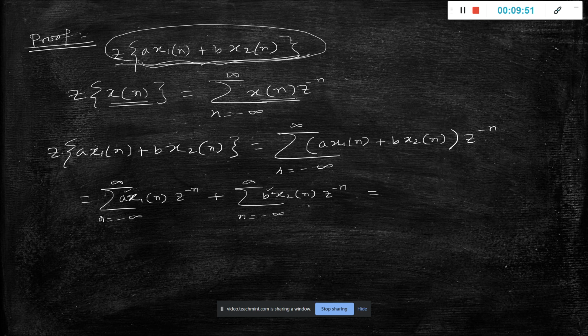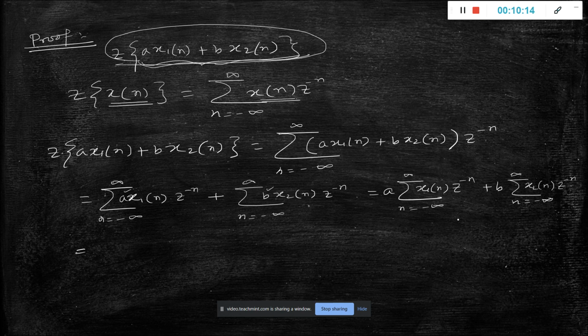So take a and b outside the summation symbol. So a summation n equal to minus infinity to plus infinity x1n z to the power minus n plus b summation n equal to minus infinity to plus infinity x2n z to the power minus n.